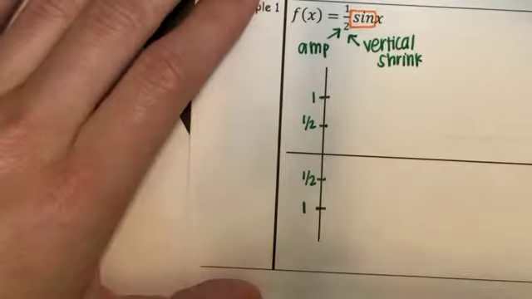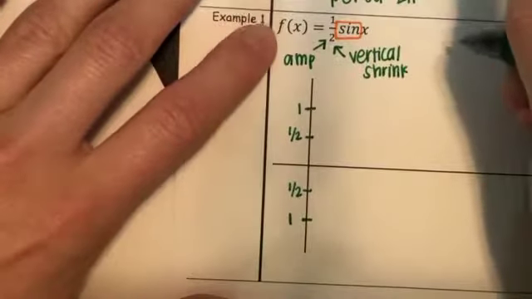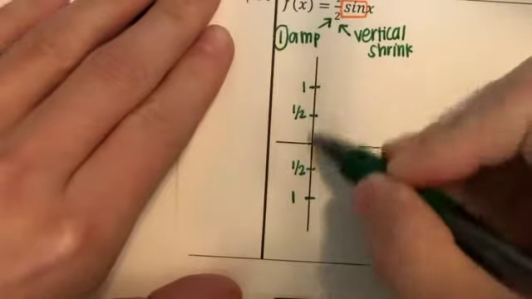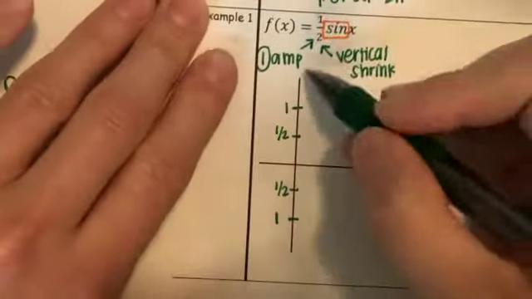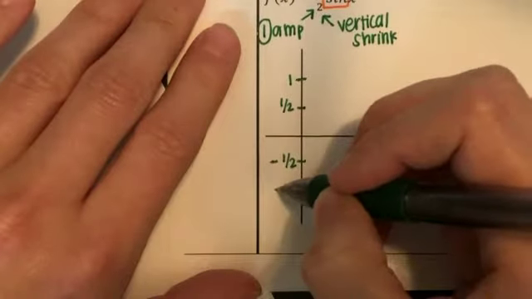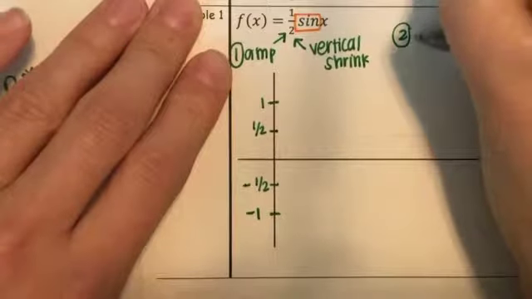Every time you graph, you're going to figure out amplitude. So step 1, figure out your amplitude, and then create these y values. Amplitude is going to go between 1/2 and negative 1/2. Then your second step is to figure out your period.